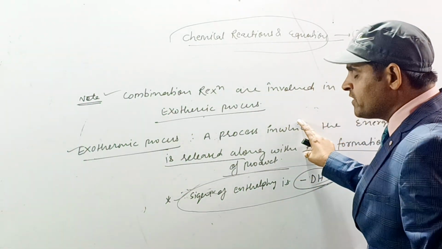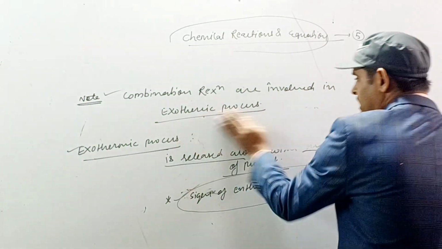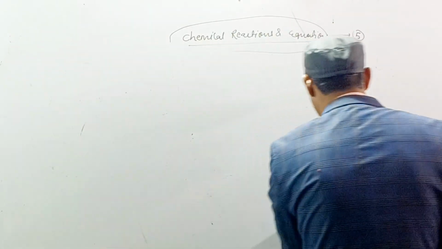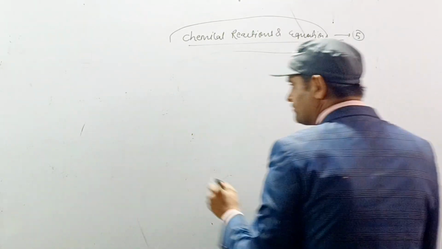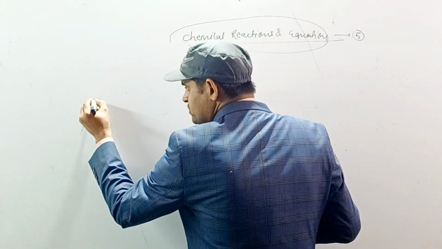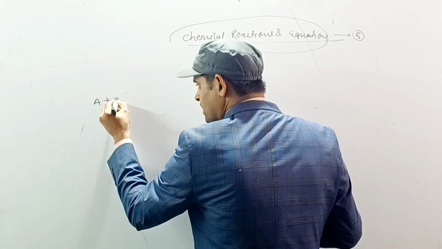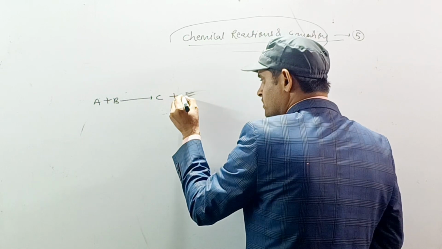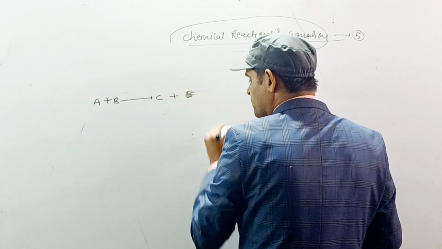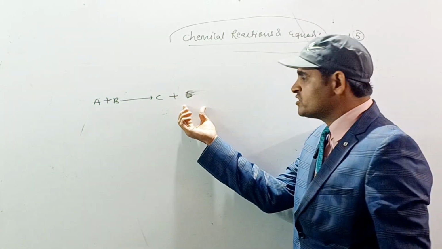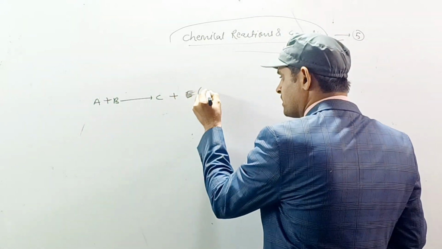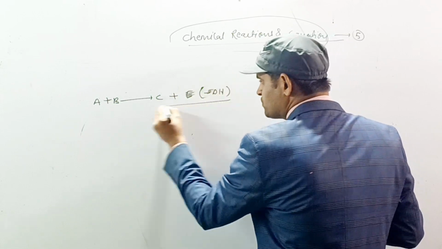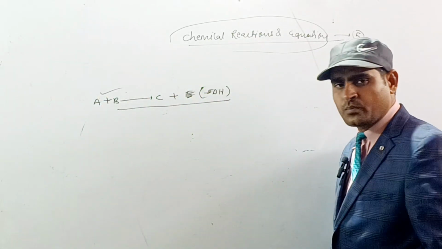Here we have written the definition of the exothermic process, and a suitable example is the combination reaction, such as A plus B forms C and energy. Here is the energy symbol, meaning minus delta H. This process is known as exothermic process.